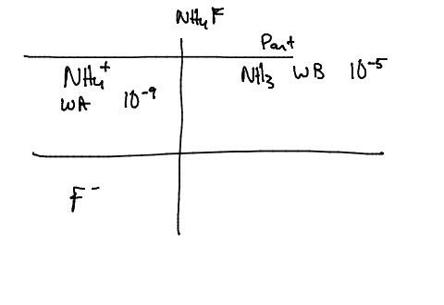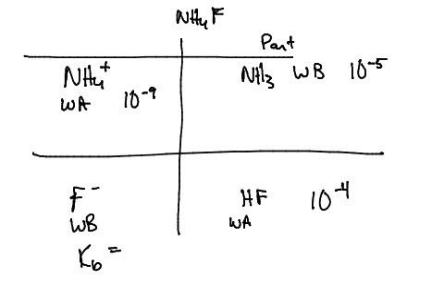So the fluoride, his partner is HF. HF is a weak acid, and his Ka is 7.2 times 10 to the negative 4. So fluoride would be a weak base, and his Kb would be equal to about 10 to the negative 10.